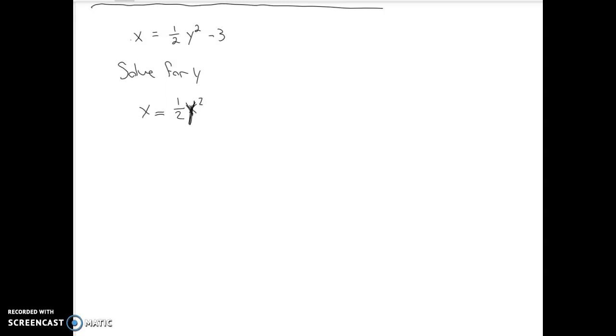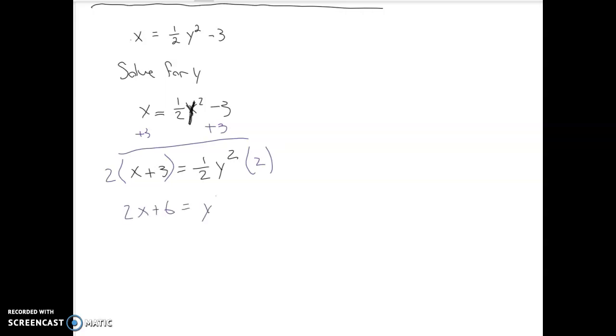I'm going to add 3 to each side first, and I'll get x plus 3 equals 1/2 of y squared. I'm going to divide both sides by 1/2, which is the same as multiplying both sides by 2. So I'll have 2x plus 6 equals y squared.